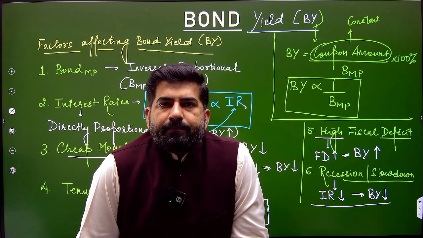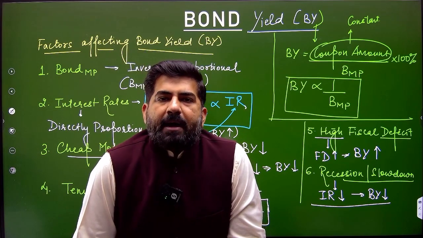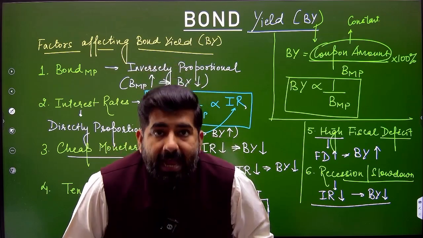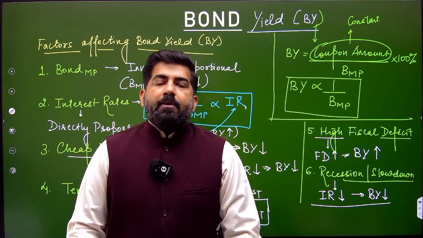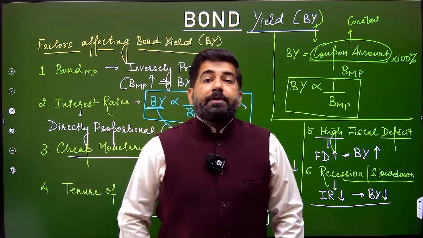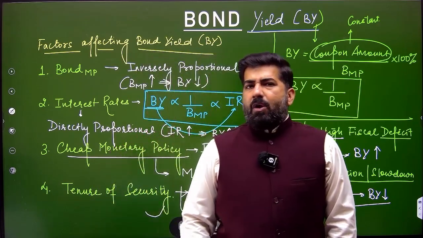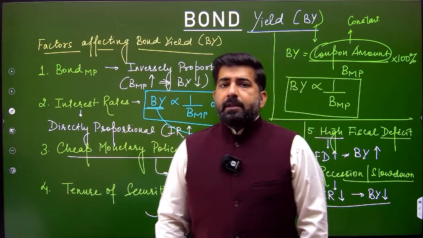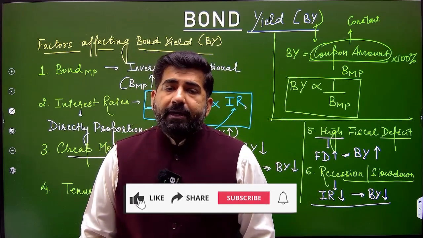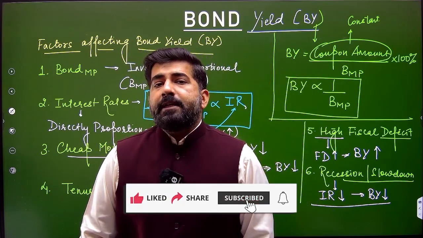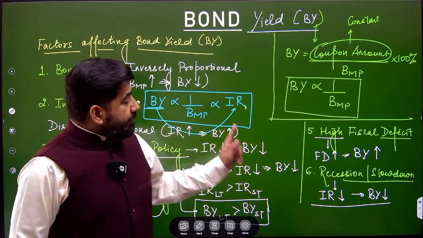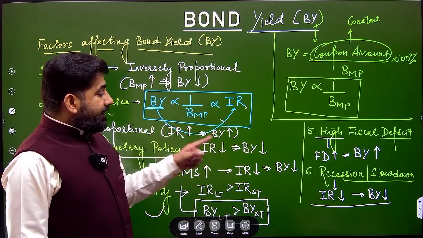No. You will not be investing in them because you don't have trust in that. At the time of recession or slowdown, you invest in safe instruments. Thereby, don't you think the demand of those securities will increase? The demand of bonds will increase. The bond market price will increase. When the bond market price increases, bond yield will come down.